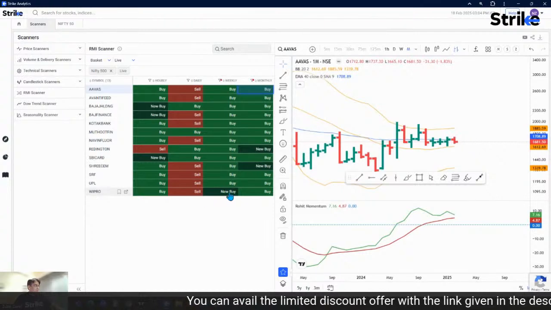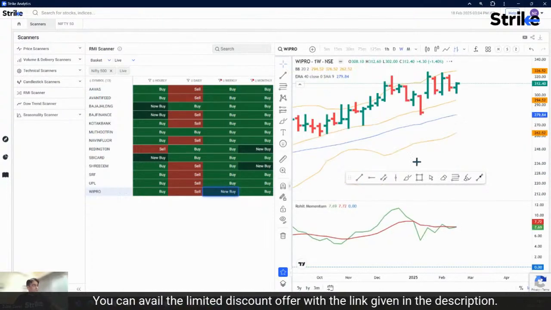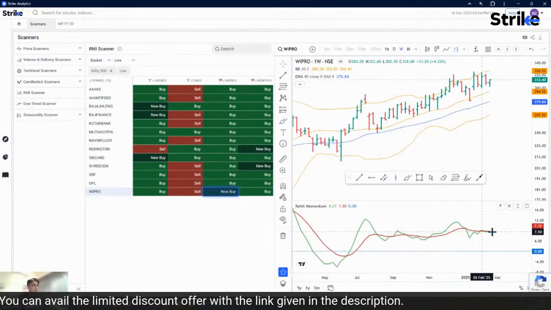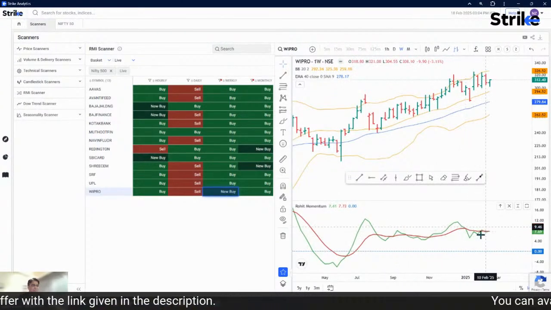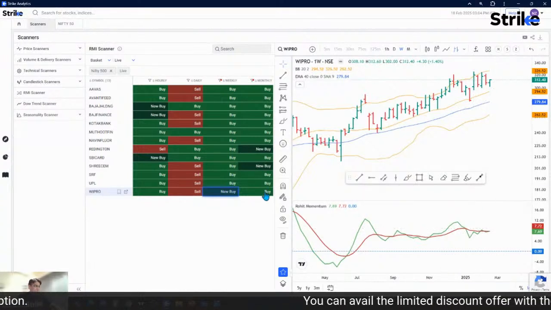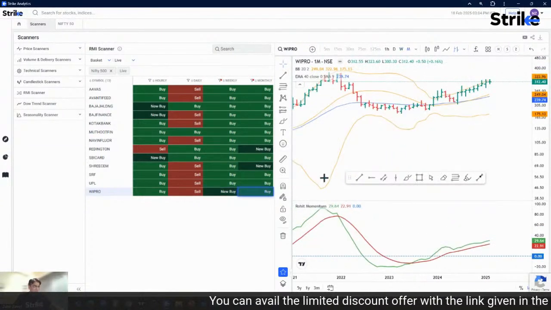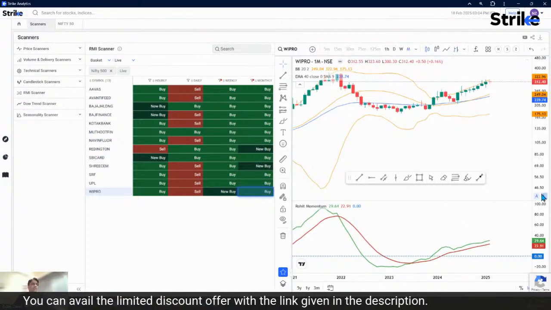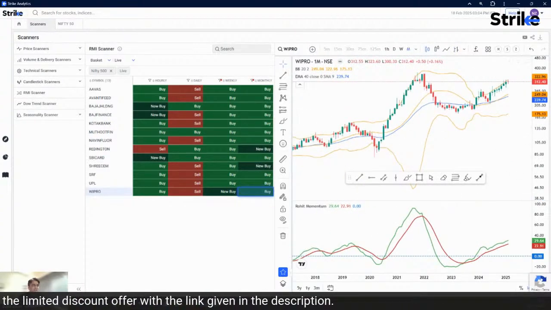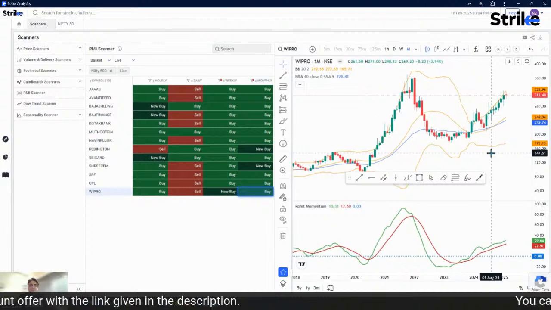On the weekly chart, we have Wipro, where a new buy signal is generated, but you can see that the momentum over here is giving you frequent buy and sell. In that case, have some patience, let the overall market get into a bullish mode, and then go ahead with this particular stock.